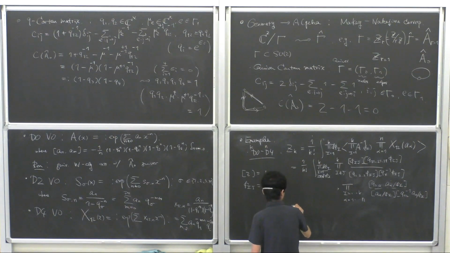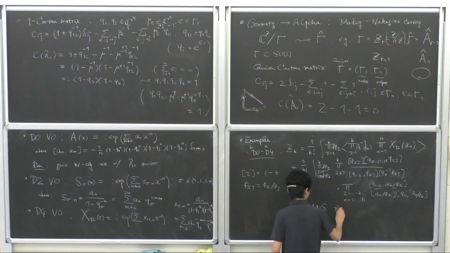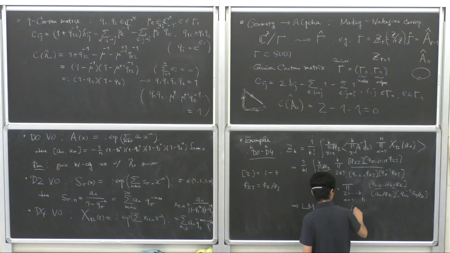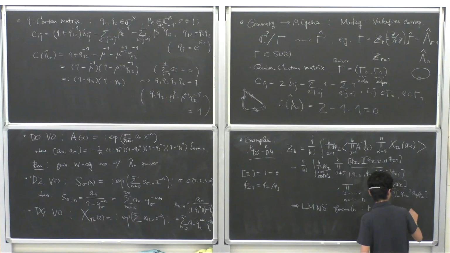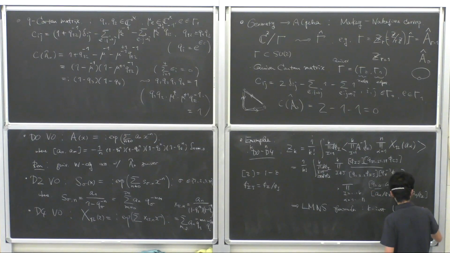So this is known to be the LMNS formula for this k-instanton and U(N) theory with an adjoint.